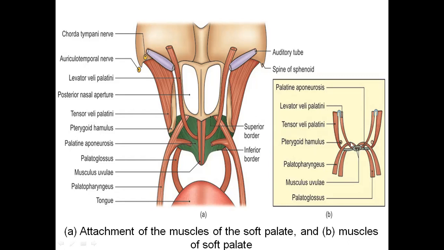The palate muscles have been shown here: levator veli palatini, tensor veli palatini. This is the pterygoid hamulus which is shown here. Then we have palatopharyngeus, then palatoglossus muscles, and in the flattened tendon in the middle you have a small tongue-like projection which is the musculus uvulae.